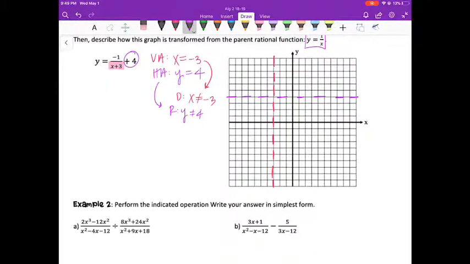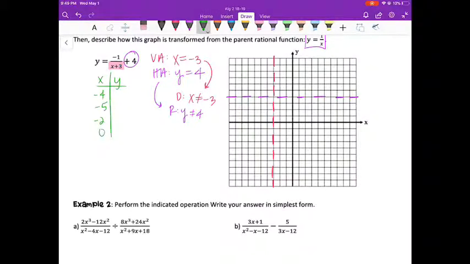So let's pick numbers to the left of that vertical asymptote. Some x's we might want to consider, since that's at -3, just go -4 and -5. Why not? And then we can go to the right of that vertical asymptote as well. Maybe we go -2 and 0.